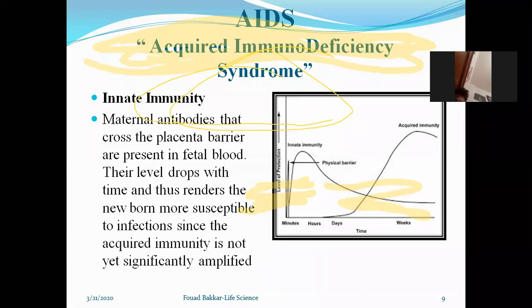We become in a very critical zone because we don't have a strong immunity. We have lost so much of the maternal antibodies and we haven't yet produced our own. So we can expect the period from 6 months to around 1.5 years to have kids that are more susceptible to infections.